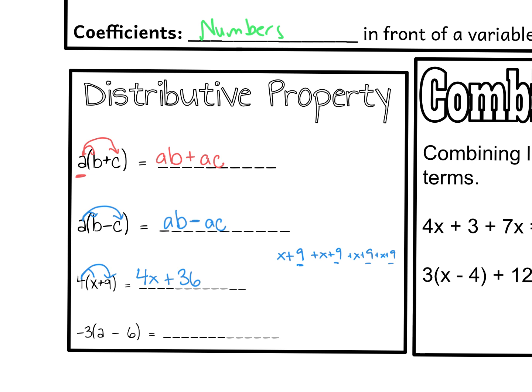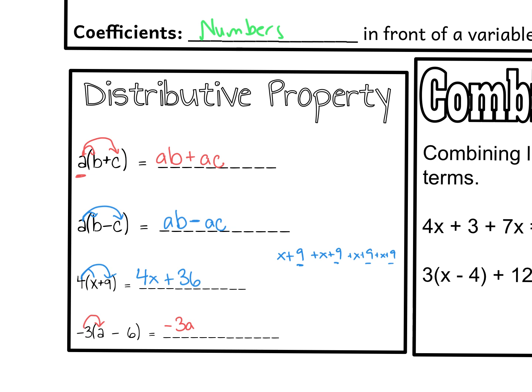If we look at this next example, you might notice that not only do we have the subtraction sign in the middle, but we also have this negative in front of our 3. So just like we distribute the 3, we're also going to distribute the negative. So when we do this one, we're looking at negative 3 times a positive a, which gives us a negative 3a.